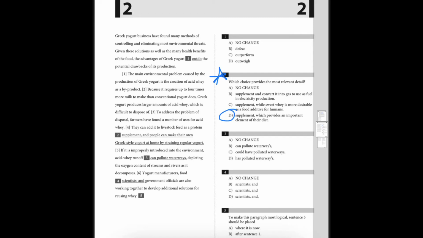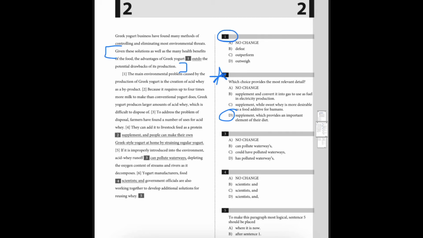My second tip is to focus on context. Similar to the reading passages, if you're stuck on a question, try to reread the context around the line. For example, going to the first question, we can see the sentence: given these solutions as well as the many health benefits of the food, the advantages of Greek yogurt outdo the potential drawbacks of its production.